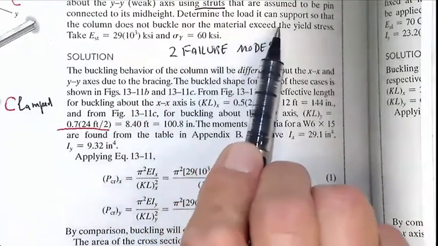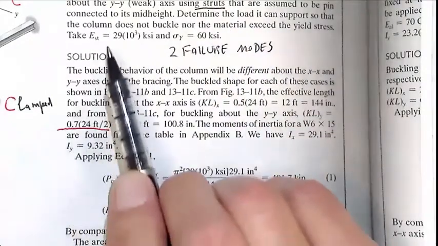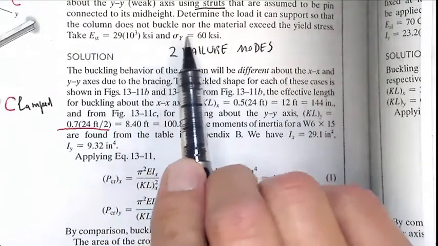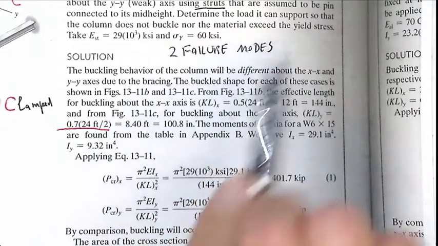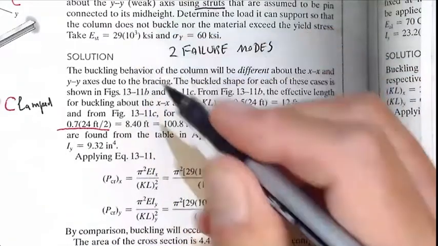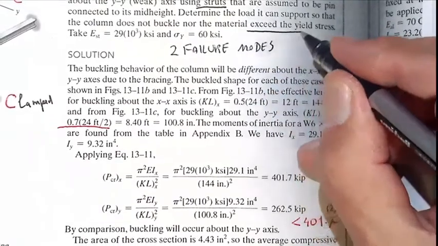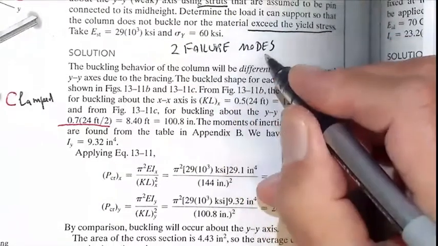Determine the load this column can support, so that the column does not buckle, nor the material exceeds the yield stress. So look please, it does not buckle, and nor does the material exceed yield stress, that is the strength requirement. So there are two failure modes.